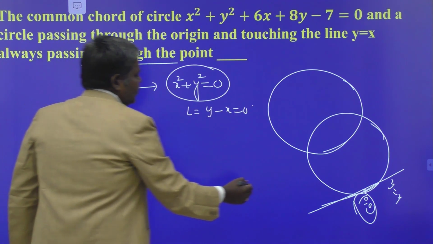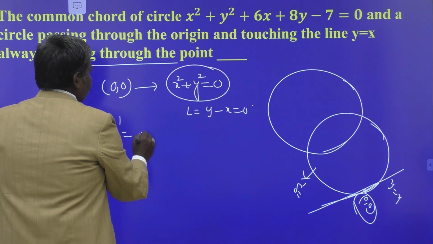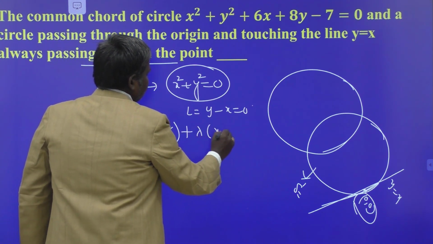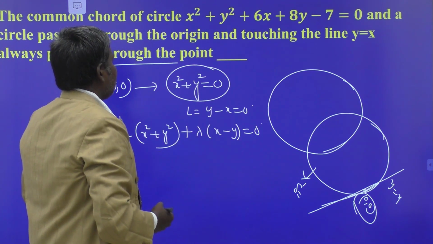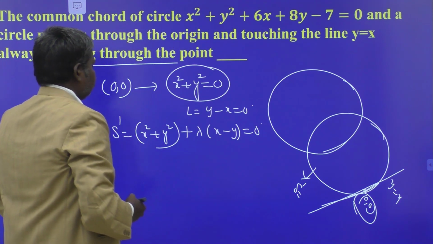So the equation of any circle S dash is of what form now? S dash is x square plus y square plus lambda times (x minus y), or (y minus x), equal to 0. This is S plus lambda L equal to 0. It is passing through what? (0, 0).